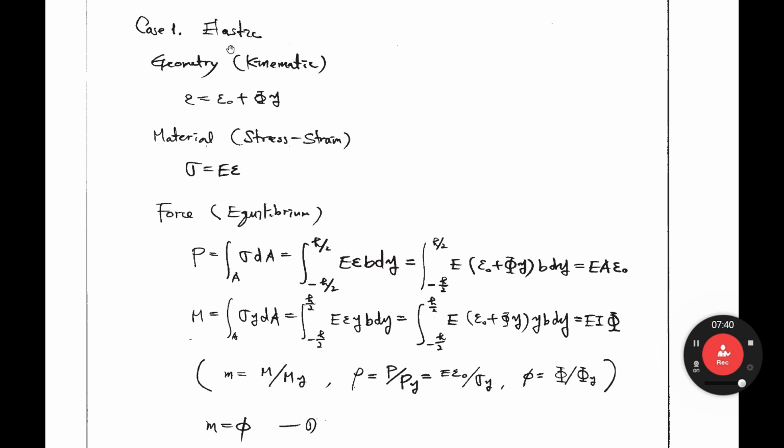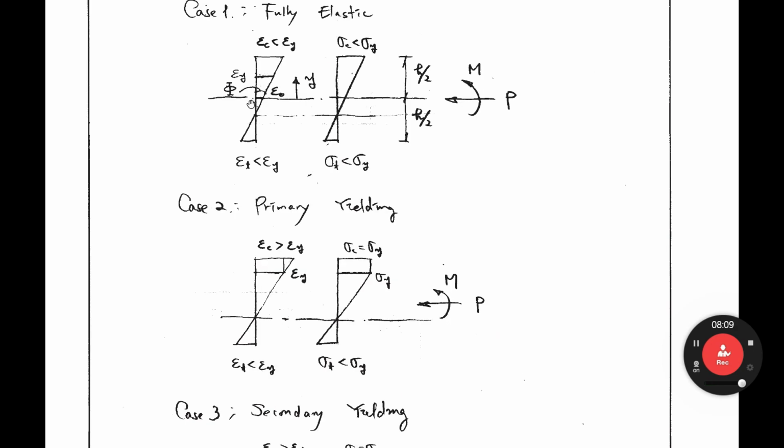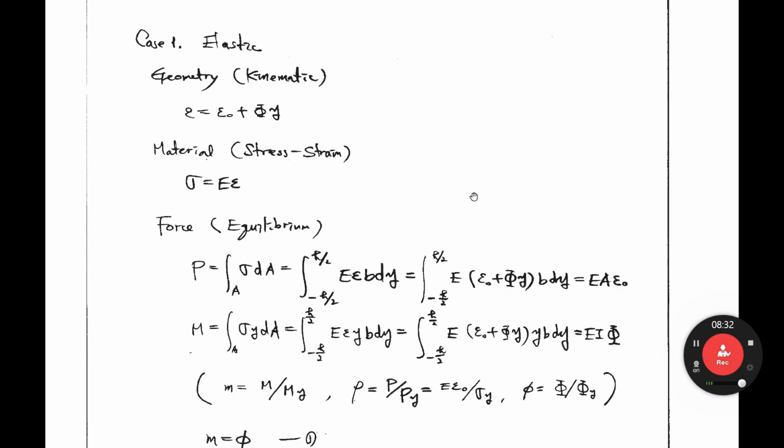For this elastic case, let's look at the geometry, the kinematics. Epsilon equals epsilon 0, the strain at the centroid, plus curvature times y, where y is the distance from the centroid. So epsilon at y equals epsilon 0 plus curvature times y. From that geometry, you can get this equation. And then another one is material. Material is sigma equals E epsilon.